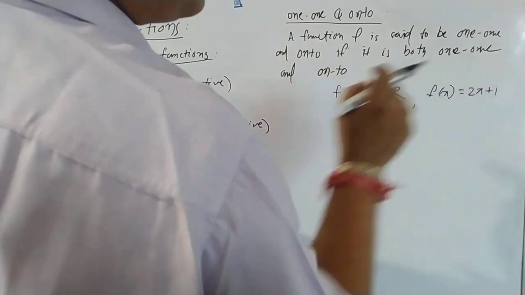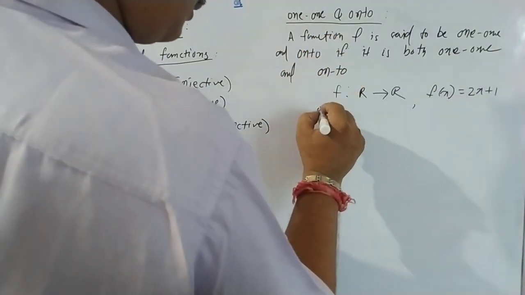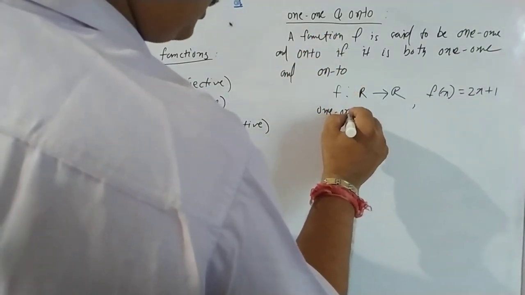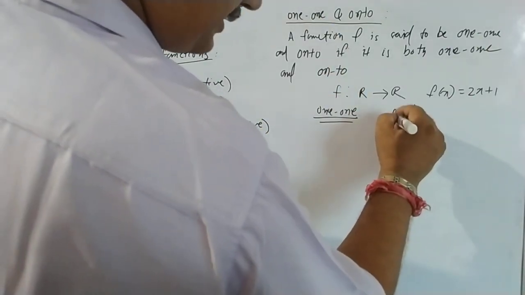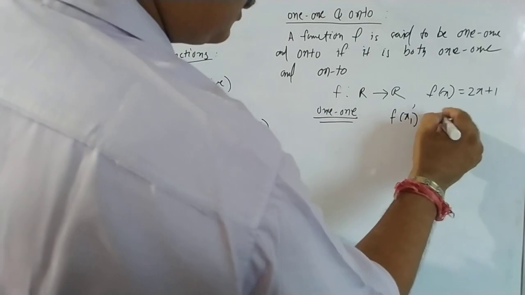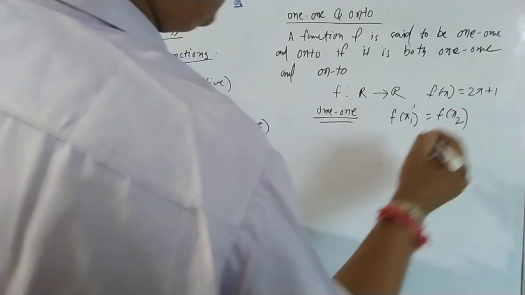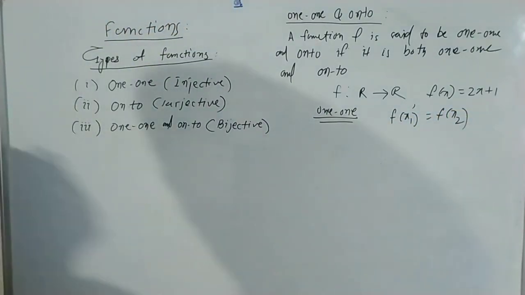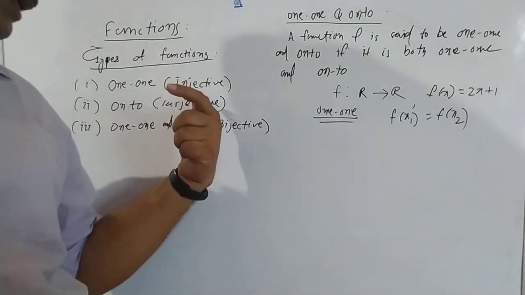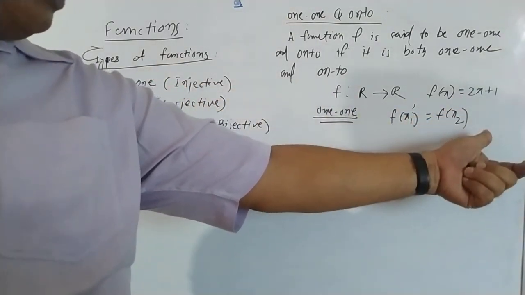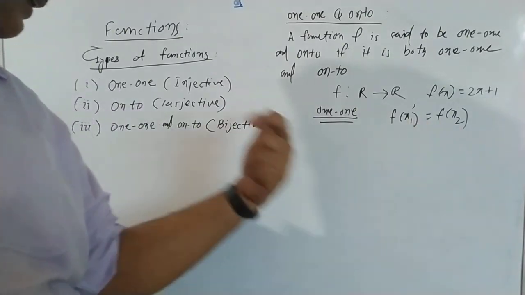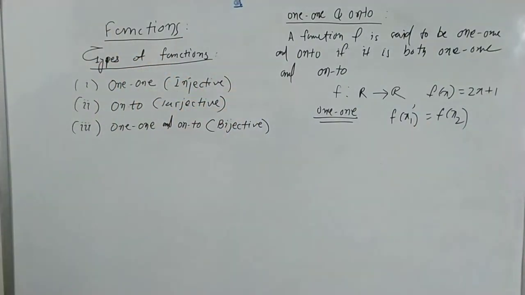For one-one, let us take f of x1 is equal to f of x2. Here I have defined one-one, injective, as f of x1 is equal to f of x2 implies x1 is equal to x2, then it is one-one or injective.